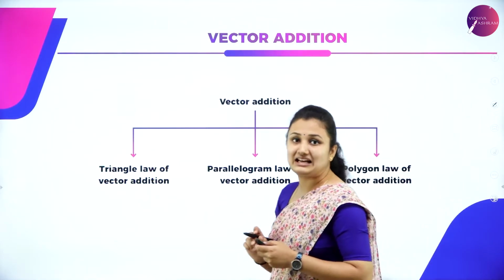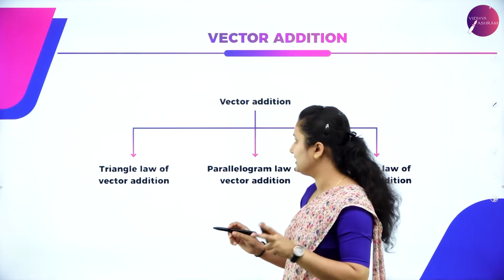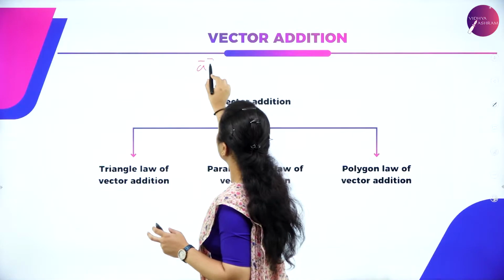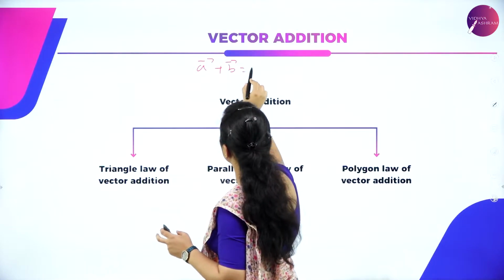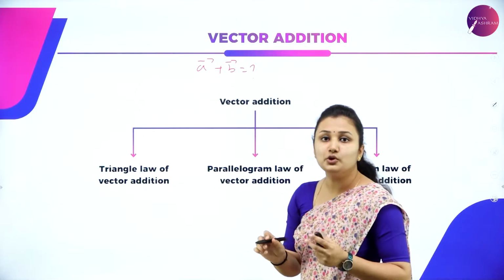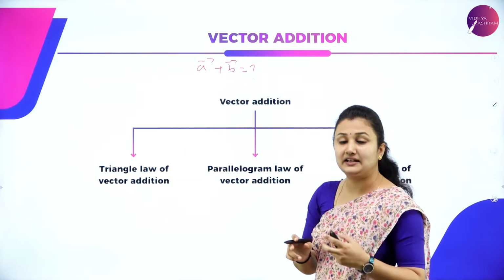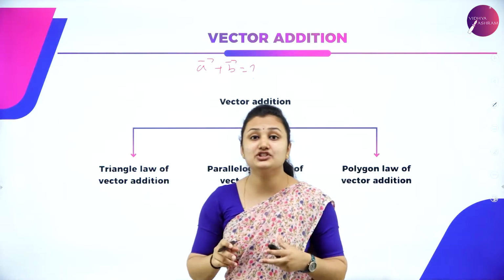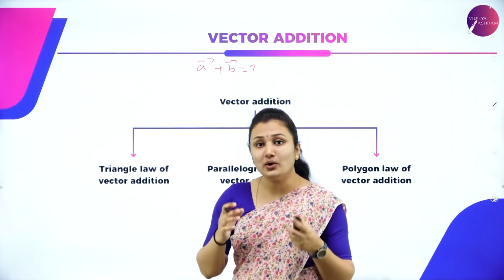Next you have vector addition. What is this vector addition? You have two vectors, A plus B is equal to what? How do you add two vectors? Because vector gives both magnitude and direction. When you talk about addition of scalars, scalar is only magnitude.